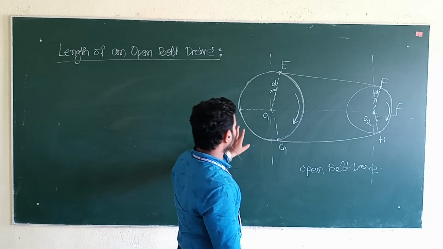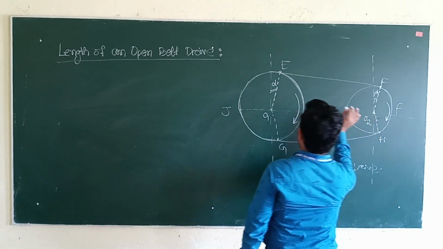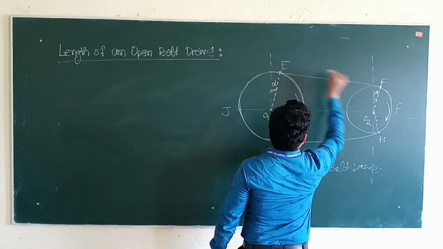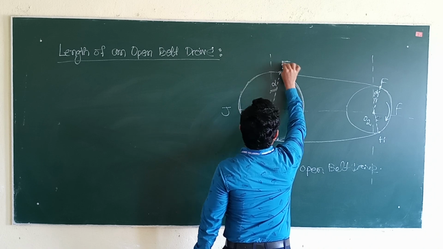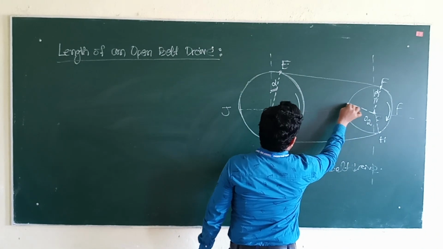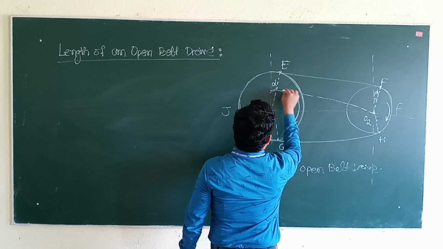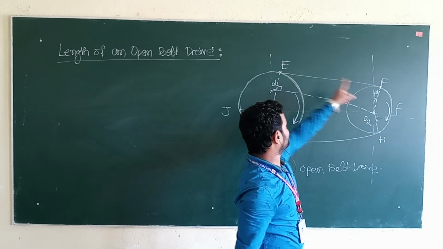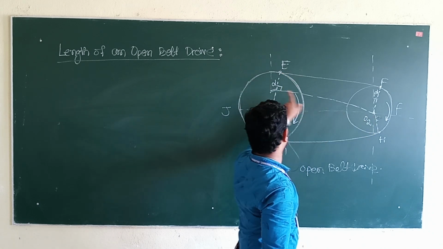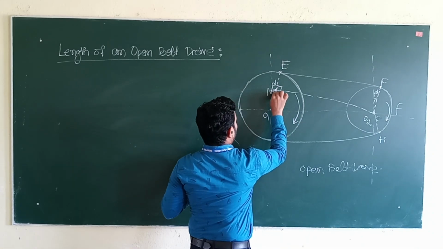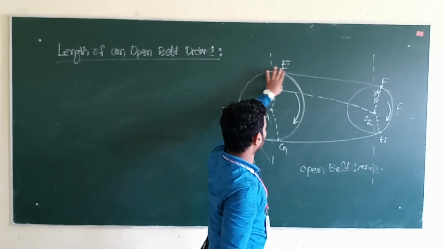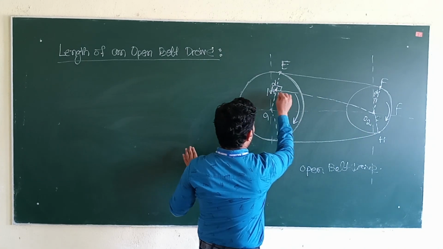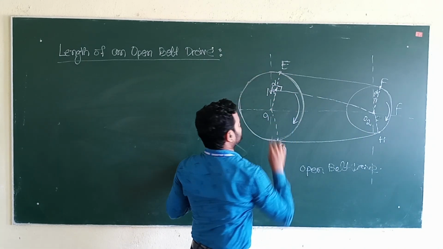Now we will draw a line O2M parallel to EF. Making it parallel to EF, we draw O2M, and here is M. EF is parallel to O2M, and O2M is perpendicular to O1M.